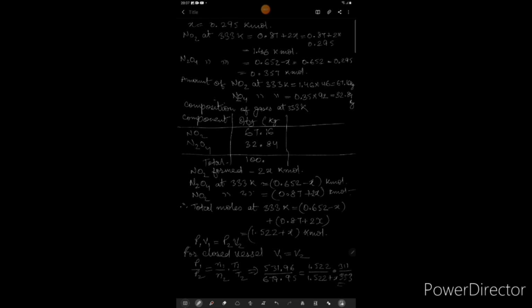It comes 100 kg and weight percent is 67.16 and 32.84. We have taken 100 as basis, that's why its weight percent is this one. So completed.